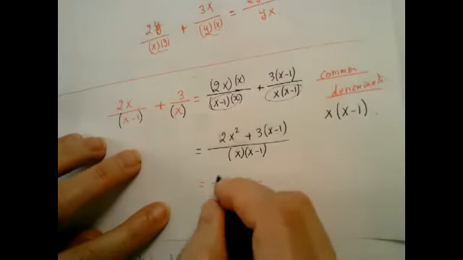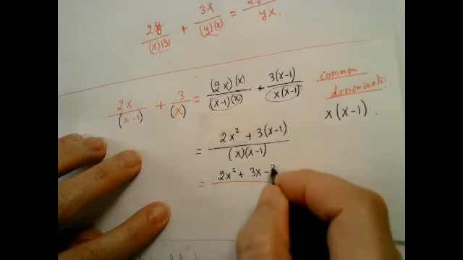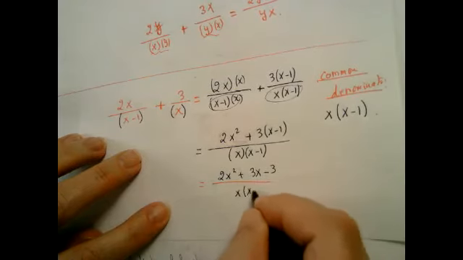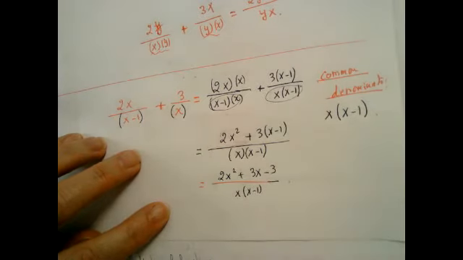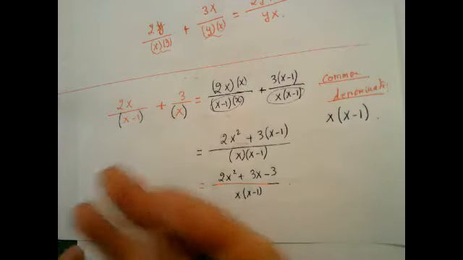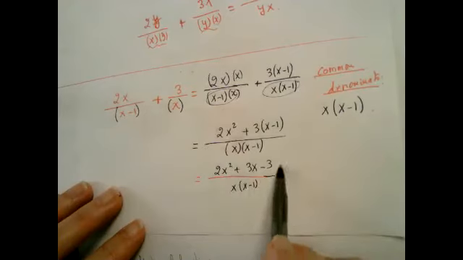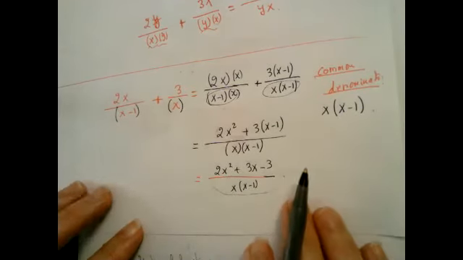So finally, I can distribute and this would give me that. All right, so the whole idea of adding is basically creating a common denominator. And then once I create that, the rest is actually kind of simple.